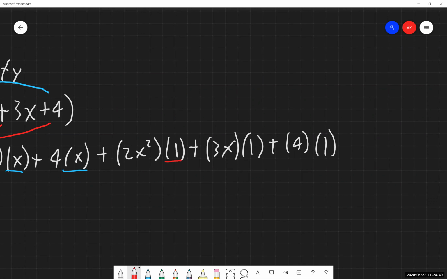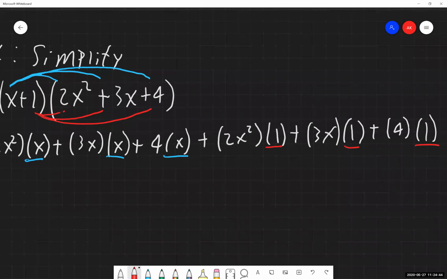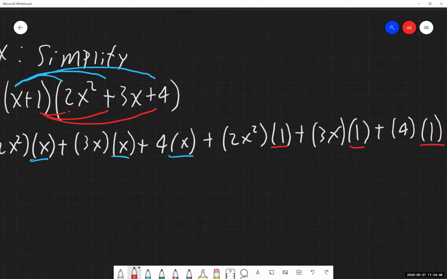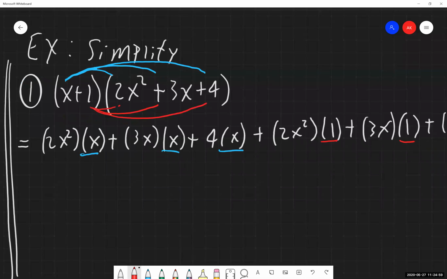So we have the 1 distributing through. The x distributed through first, in blue. Then the 1 distributes through second, in red. And now we can multiply everything together and simplify and combine like terms.